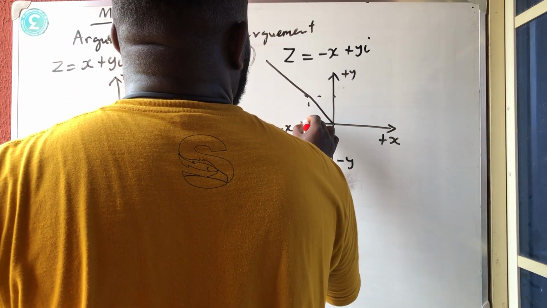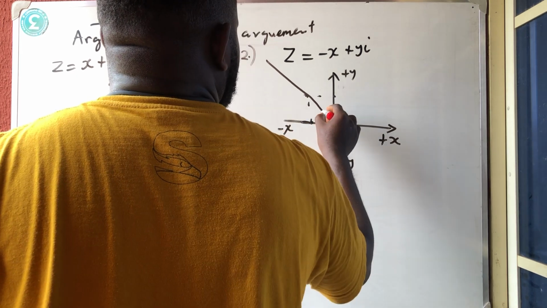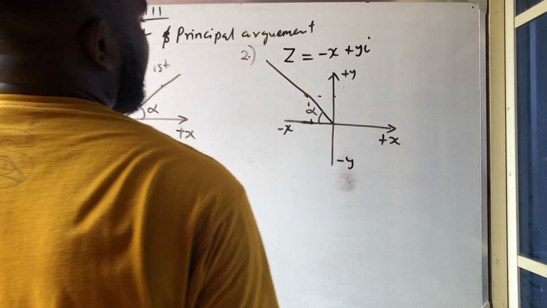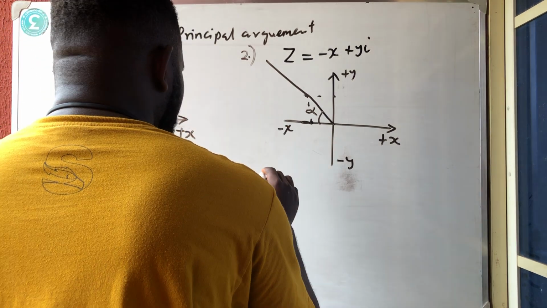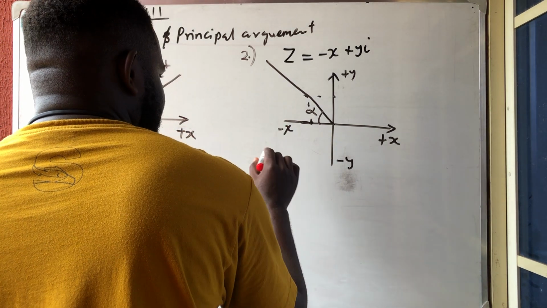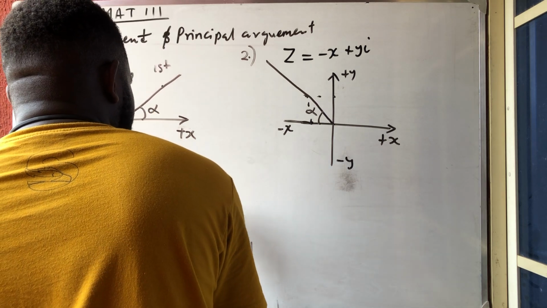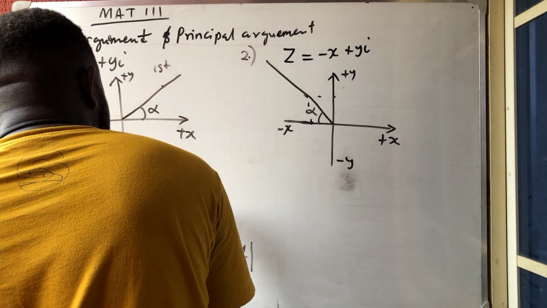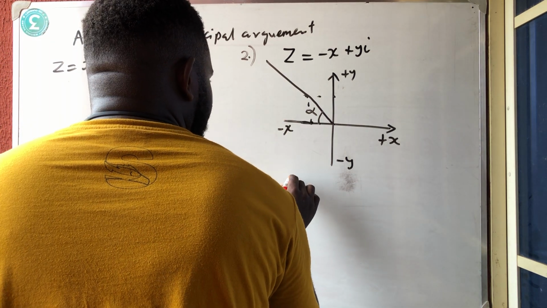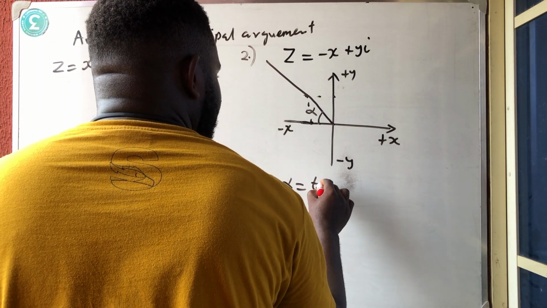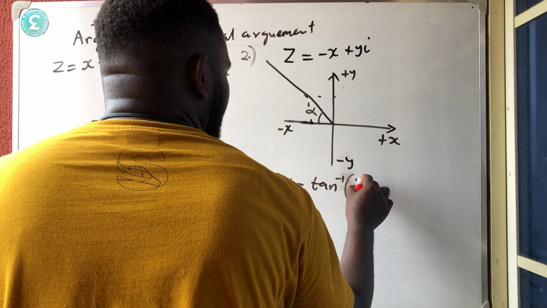Now if you look at this, this is my alpha. Now listen, for argument, first of all, I'll get my alpha. Let me say that the argument is theta as well. My alpha is normally tan inverse of y over x.